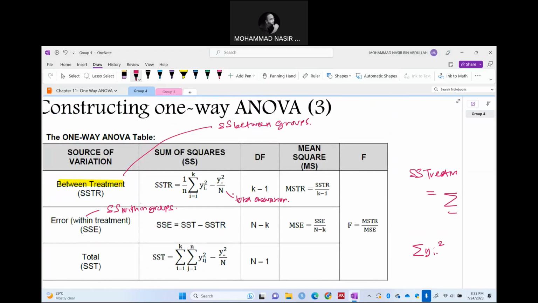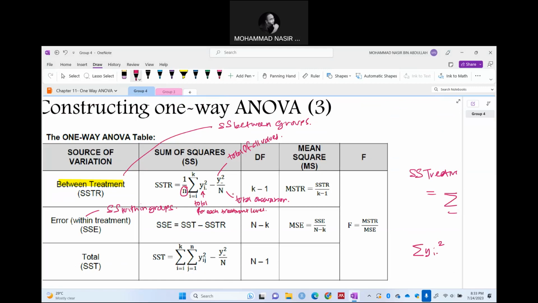This is basically the total of all values. Then you take the square, power of 2, divided by the number of observations. The small letter n here represents the number of observations in each treatment level. So this is the total for each treatment level, divided by the number of observations.